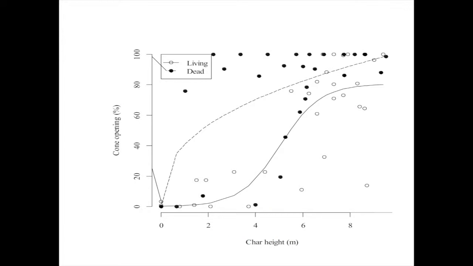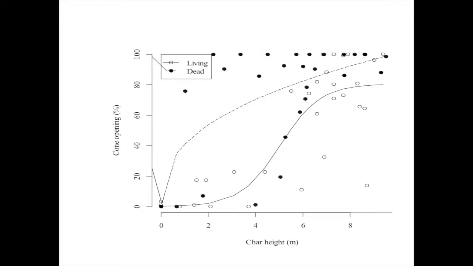So in terms of Jin's result, the cone opening in relation to char height, and char height is in meters here, and we've got living and dead trees that we brought down and tried to take apart in terms of looking at that cone opening.